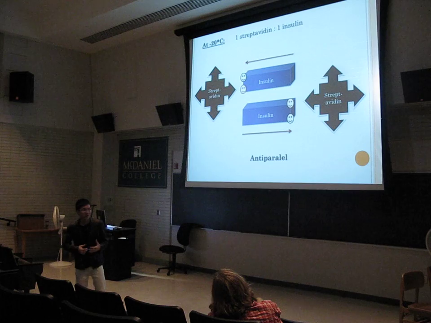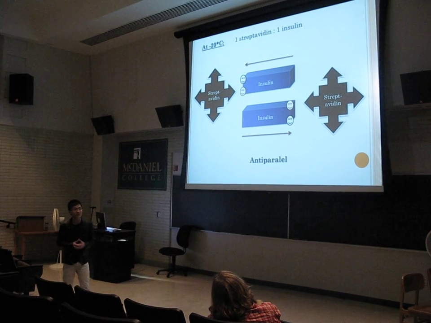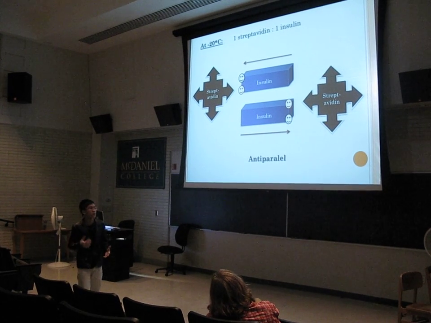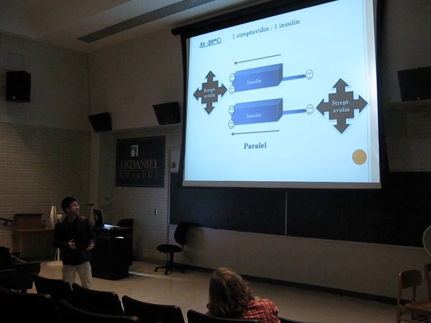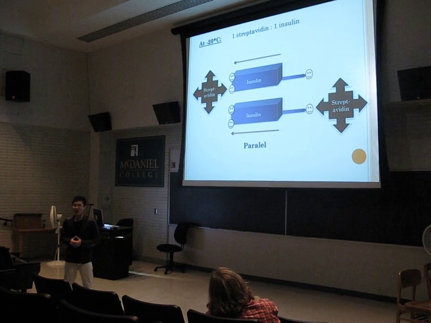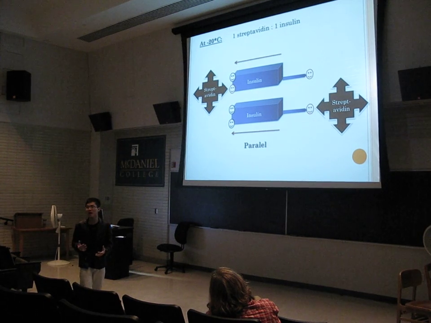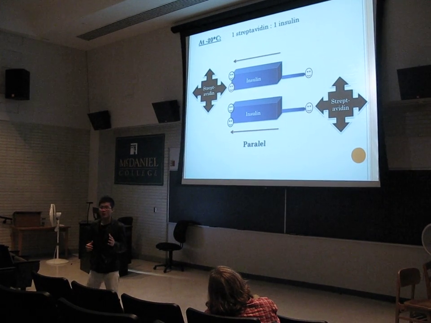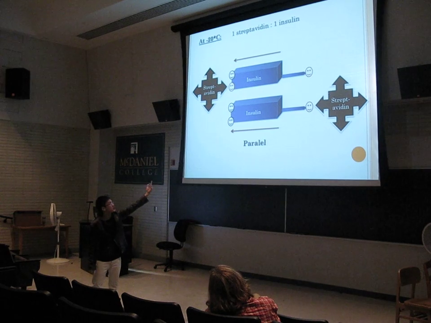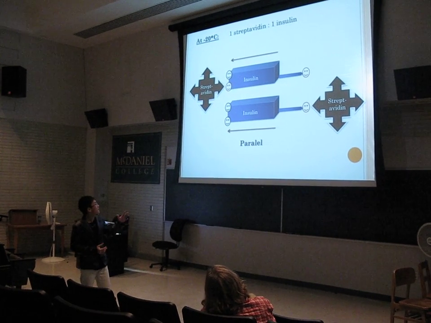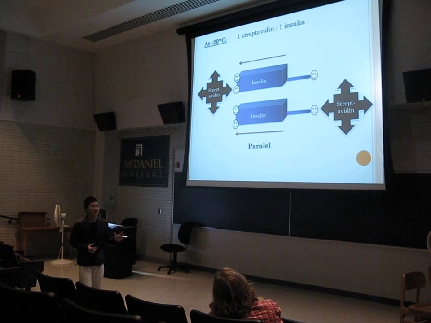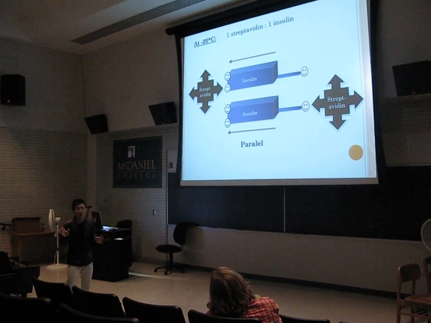The second possibility is that the insulin amyloid fibril will still retain this parallel conformation. However, to meet the 1:1 binding ratio, the streptavidin will have to bind to the lysine residue on the C terminus of the B chain of the second insulin subunit to maintain the 1:1 binding ratio.